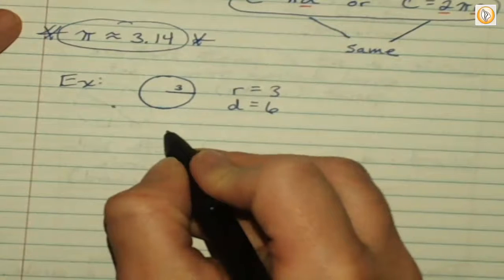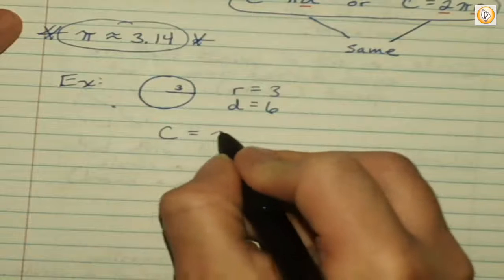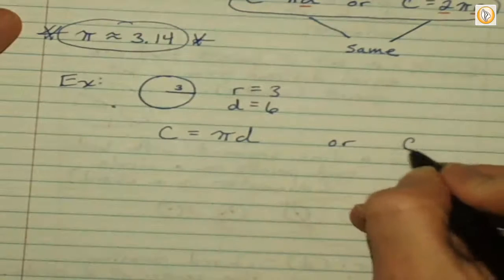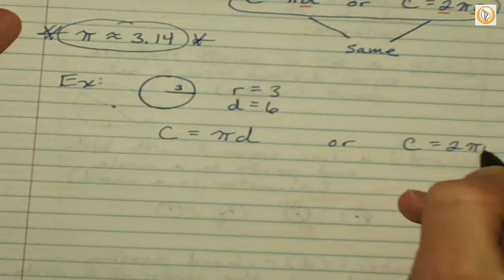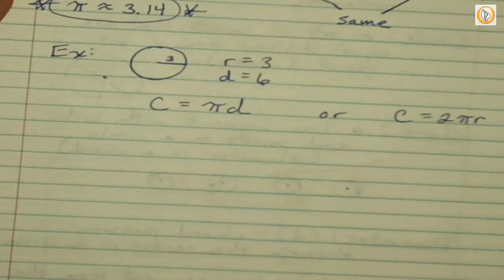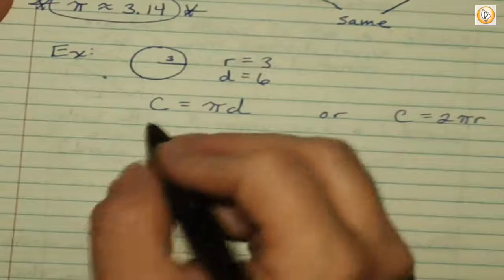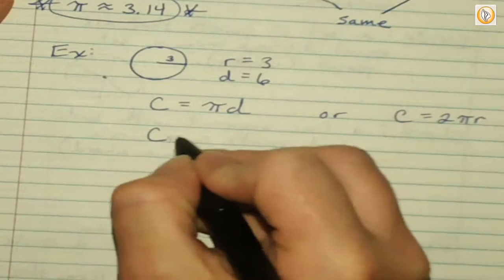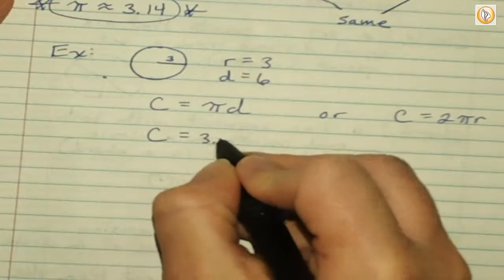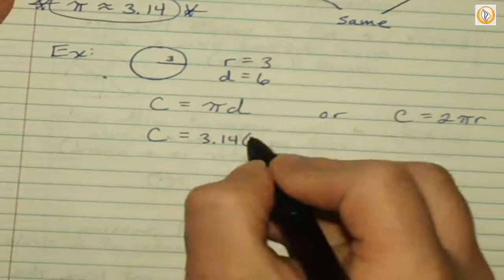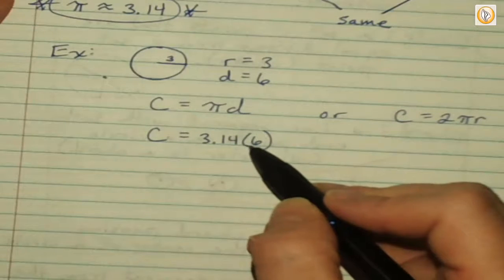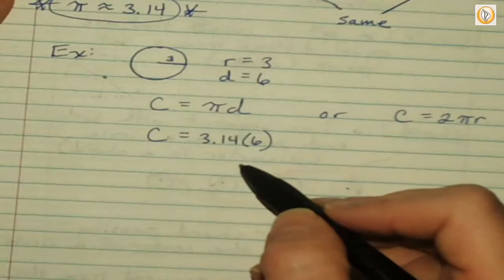So you could either do this one, or you could do this one. So I'm going to show you both. We're going to work both out. And so are you. So in this case, I have C equals 3.14 times 6 for the diameter, right? Y'all see that?